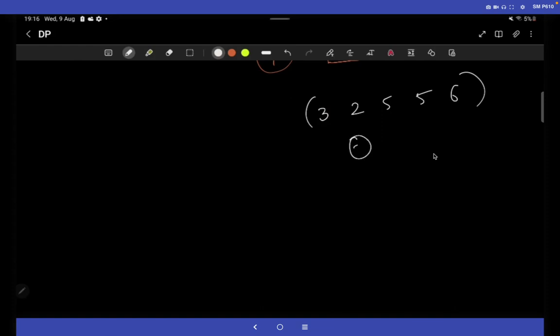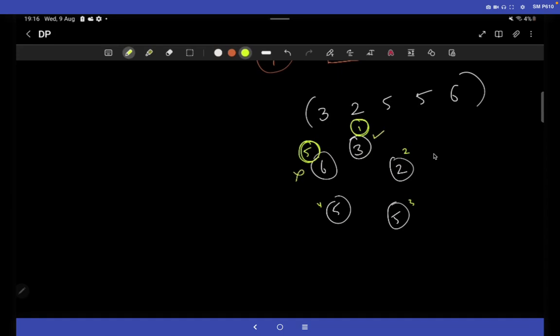So if you observe, this is index 1, this is index 2, this is index 3, this is index 4, this is index 5. The last index and the first index are also neighbors. So if we include the first index, we must not include the last index, and if we include the last index, we must not include the first index.